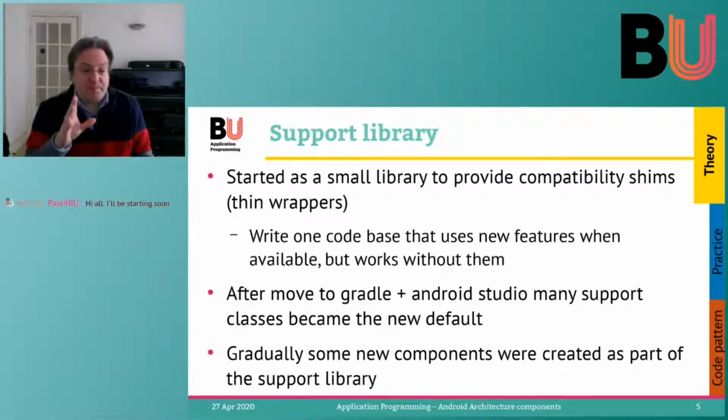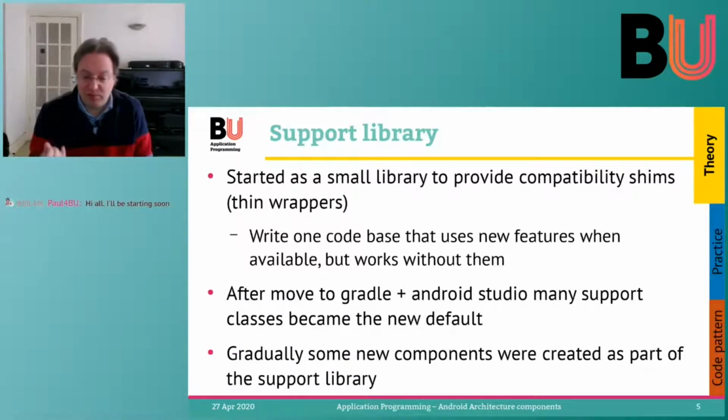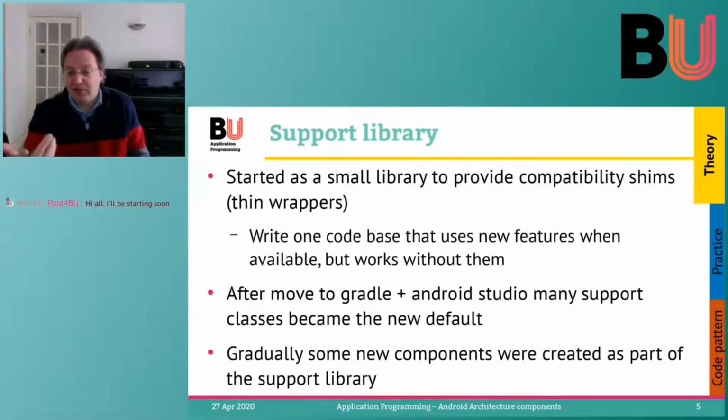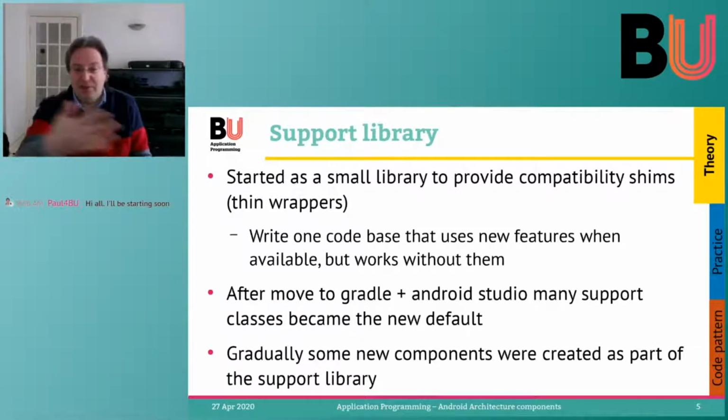With these shims, the advantage is that you can write one code base that uses new features when they are available, but if they are not, it works without them. Things like, for example, a fingerprint scanner. Not every phone has one, even among modern ones. But if you use a compatibility shim, you can write code that uses the fingerprint scanner, even if the version of the API doesn't support fingerprint scanners.